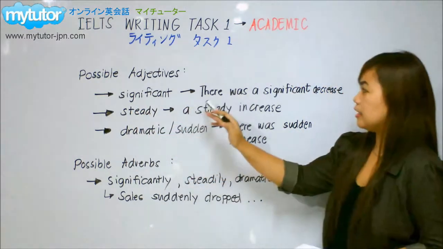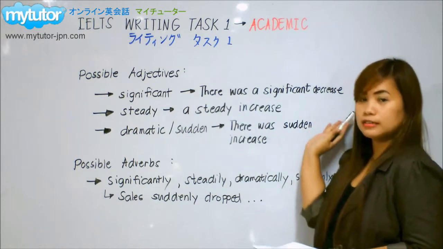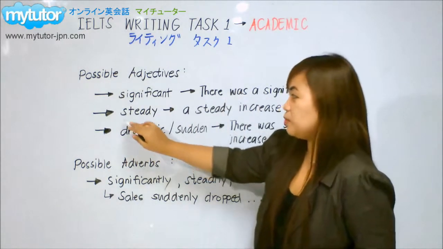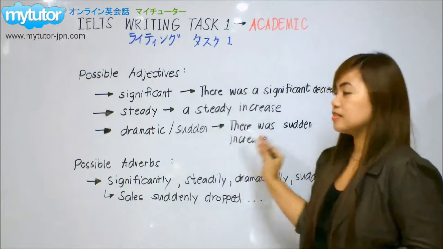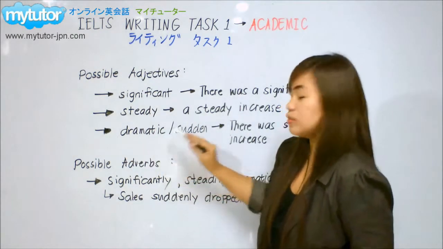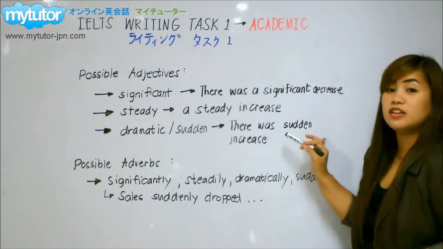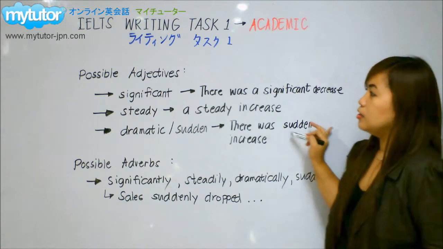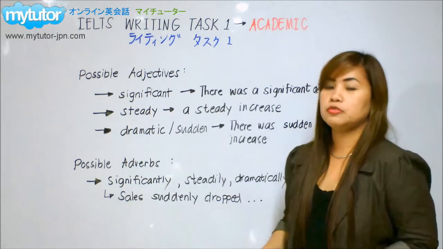You can add this, so it will be there was a significant decrease or increase. Steady, we can make use of the word steady. So a steady increase, a steady decrease. Dramatic or sudden. You can say there was a sudden increase, a sudden decrease. So these are samples of possible adjectives to use.